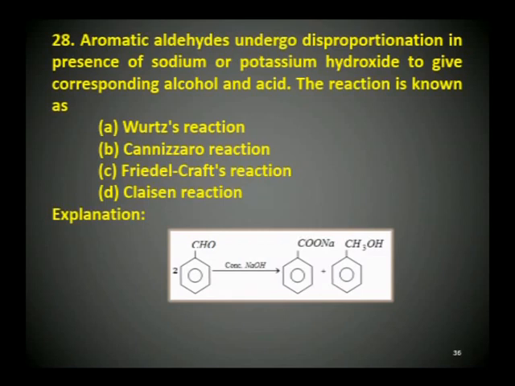The salt sodium benzoate is the oxidation product, whereas C6H5CH2OH is the reduction product. So oxidation and reduction are taking place. This reaction is called a disproportionation reaction, and its name is the Cannizzaro reaction. So the answer is B.